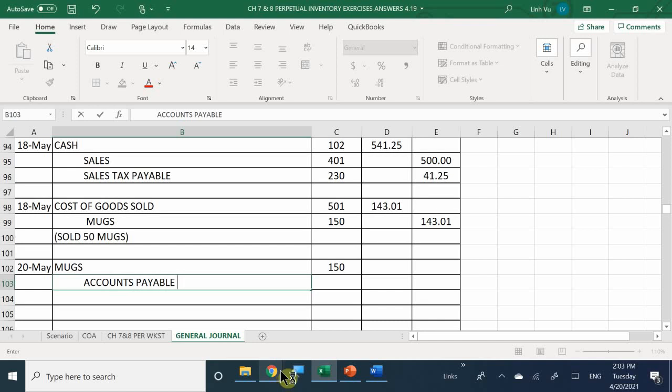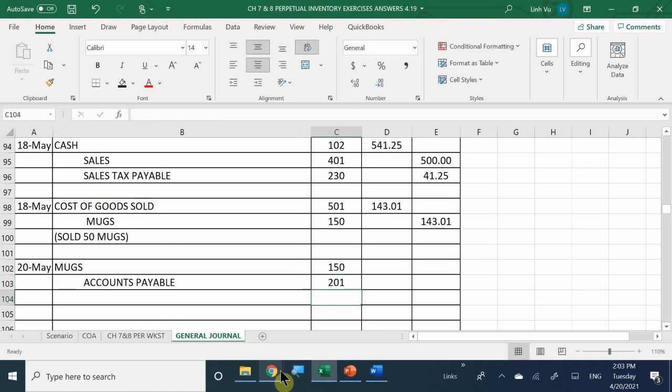So in this case, are we increasing our liabilities or are we decreasing them? Okay. We're going to increase our liabilities because in this case, I owe more money. So therefore, it should be increased with a credit.